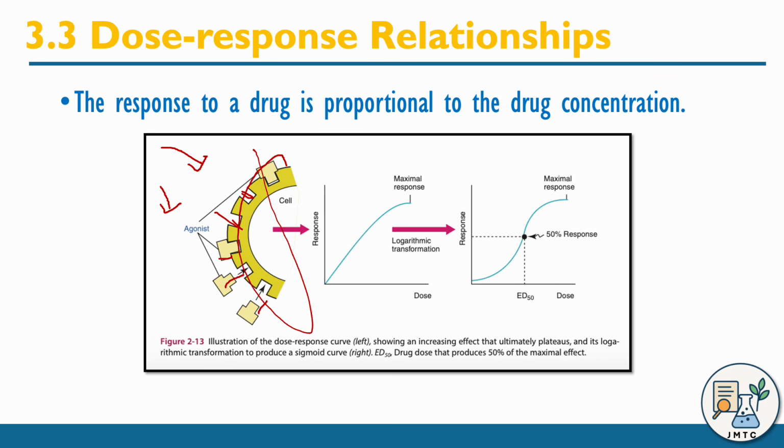Example, if you already puffed 10 times yung salbutamol, it will not open the lungs more than the 2 to 3 proper puffs. Instead, magkakaroon ka na ng side effects, yung mga tremors, palpitation. And this top limit na sinasabi natin, this is already the maximal response or the maximal effect.